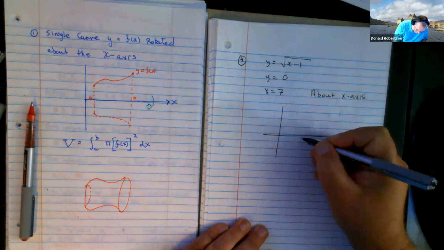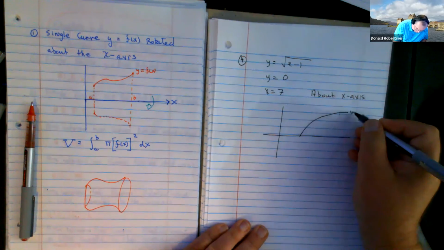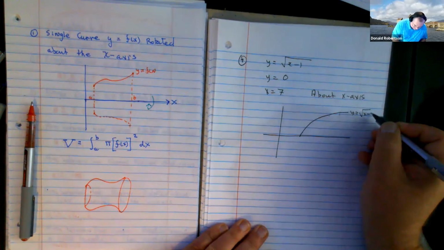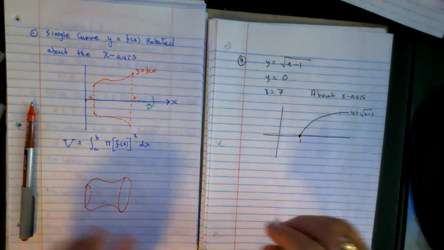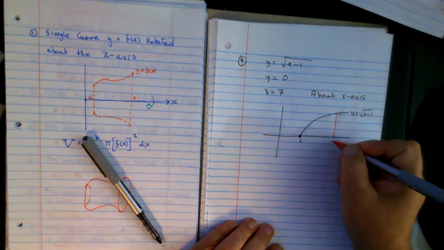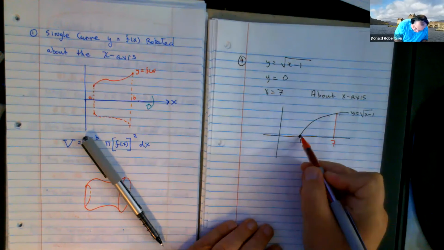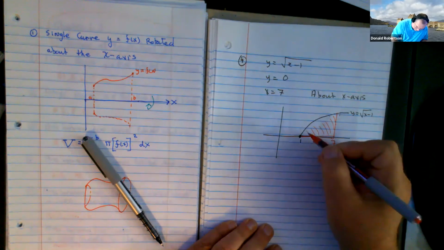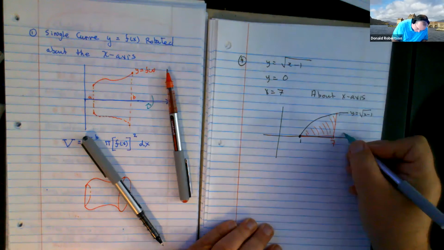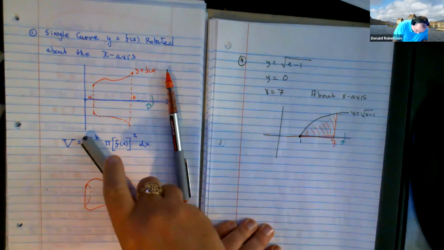If you go to Desmos and draw the square root of x minus 1, you get that. That happens to be 1. Let's say x equals 7 is here. Y equals 0 is that there. That's the region that we're going to be rotating about the x-axis.